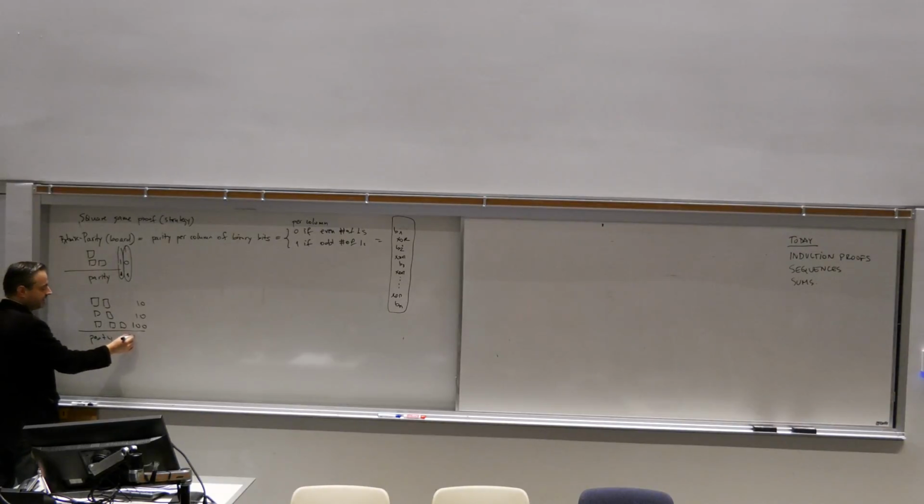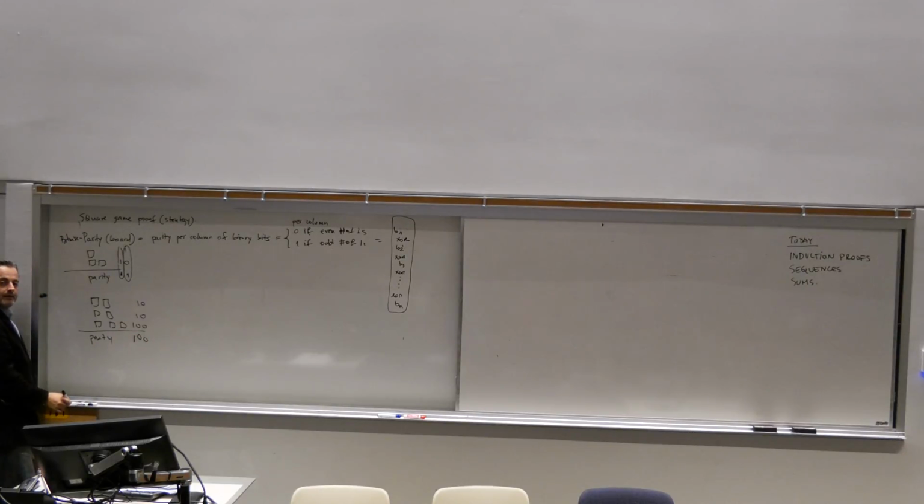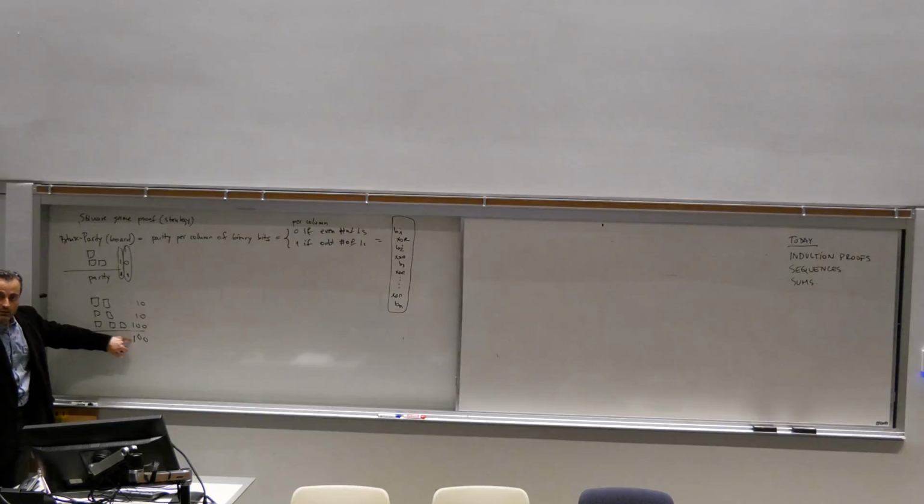So the parity in here is 1, 0. The parity is a sequence of bits, each bit corresponding to a column. Everybody follows me? I have 1, 1 on this column, so that's a 1. I have 2 1s on this column, so 1, 1 becomes 0. And I have no 1s on this column, that's a 0.